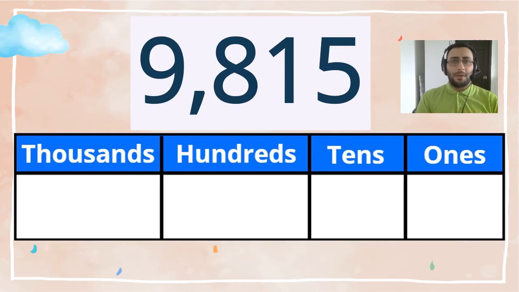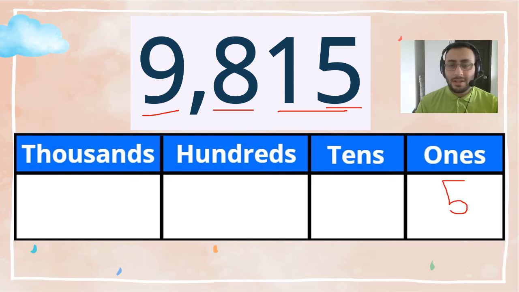Oh, big number. 9,815. Okay. Let me ask you from the right side. How many ones do we have? We have 5 ones. How many tens do we have? We have 1 ten, right?